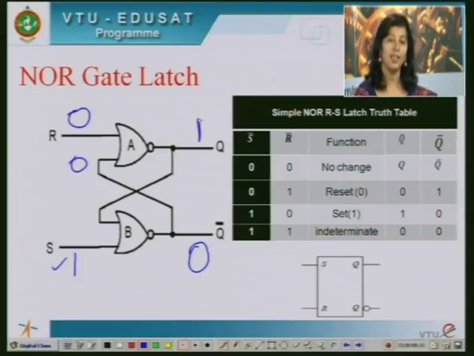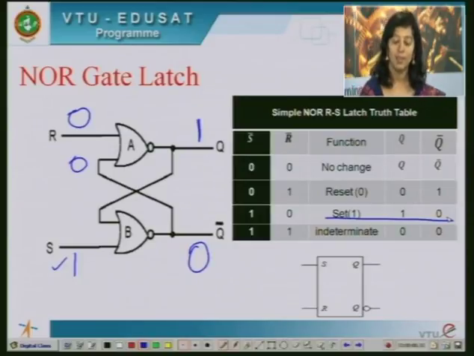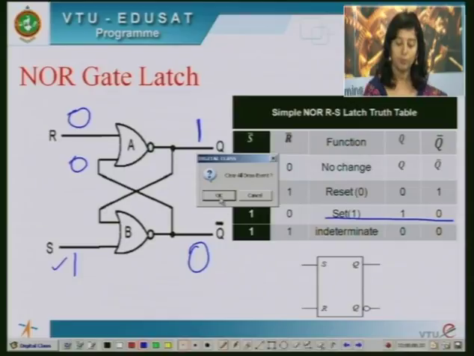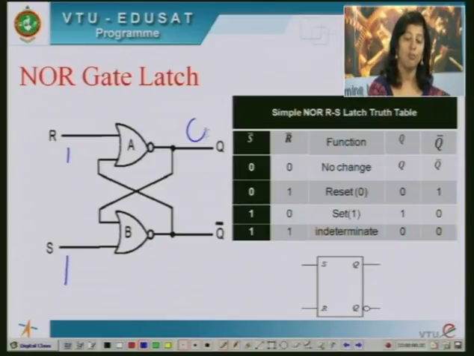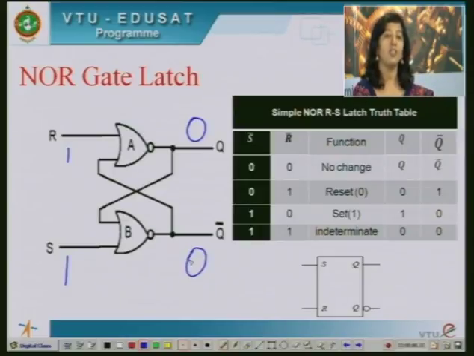So Q is high and Q bar is low, which is the set state, the third condition in the truth table. And finally, we have the last state when both are high. If both gates are tied to logic high, outputs of both NOR gates will be tied to logic low. So if any one of the inputs is high, output will be 0.